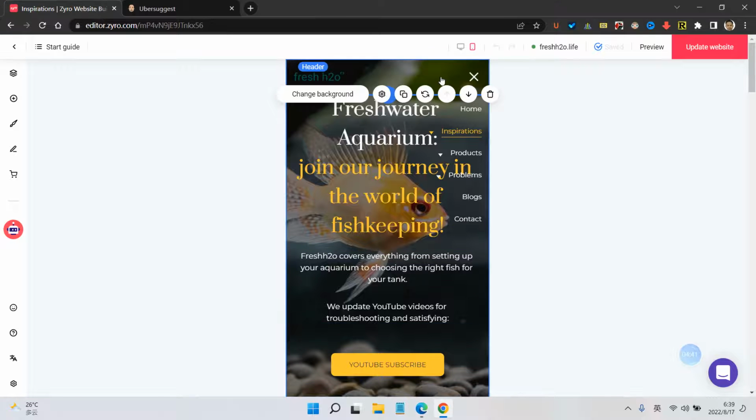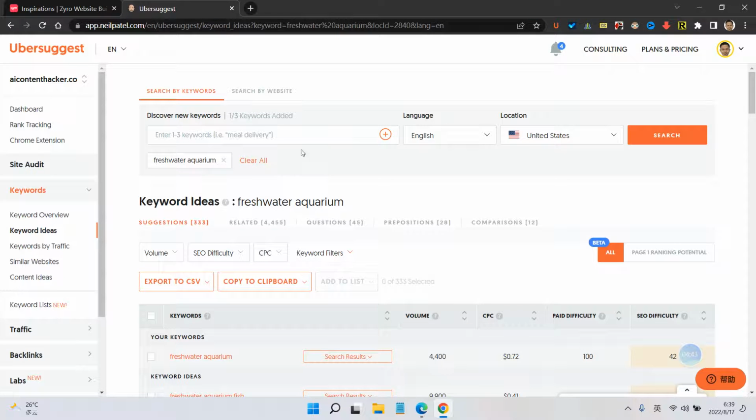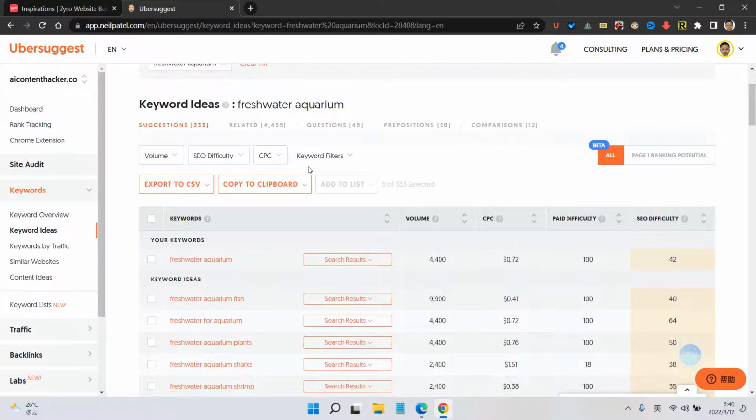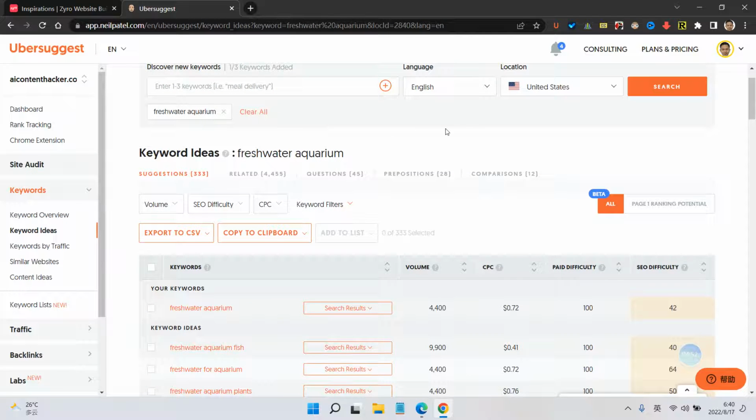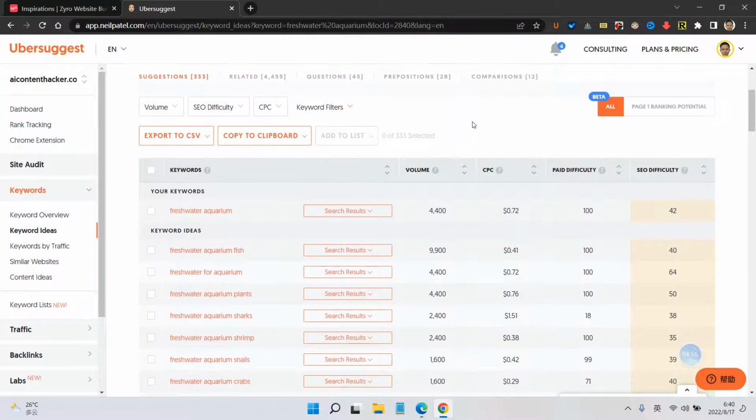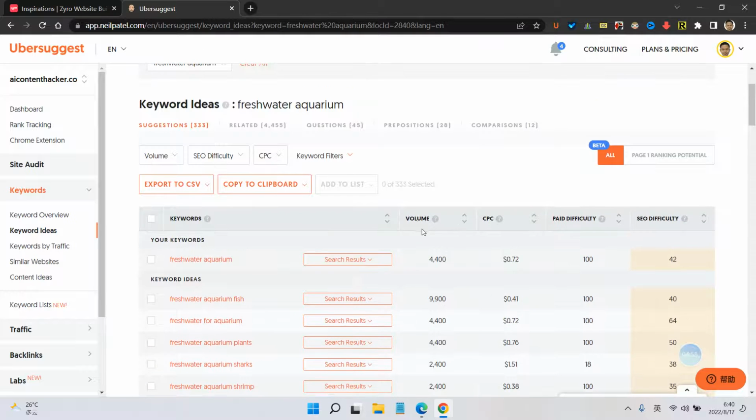So you can see in here when I use freshwater aquarium for the United States location, English, here we can see the search volume is 4,400 per month, and the SEO difficulty is 42.